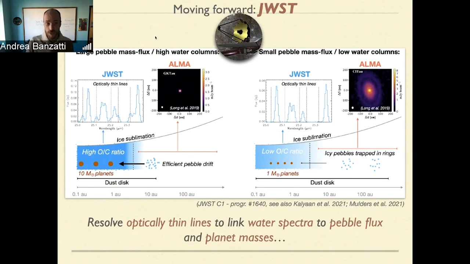JWST will, for the first time, distinguish optically thick, the strong lines here, from optically thin lines, and allow us to measure that column of water vapor, and with that, to connect it to the mass of icy pebbles that have drifted into the snow line, and therefore, through those models that I showed earlier, to the mass that is building super Earths versus rocky planets in that inner region.